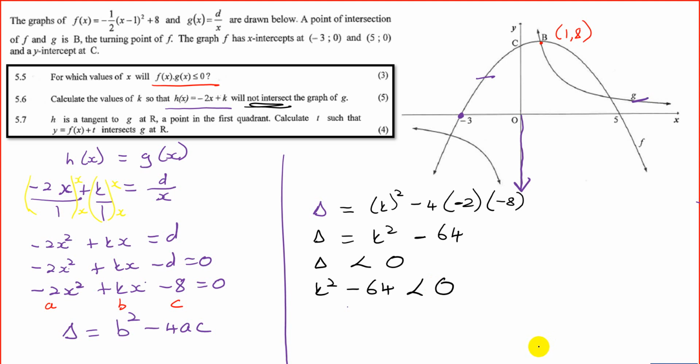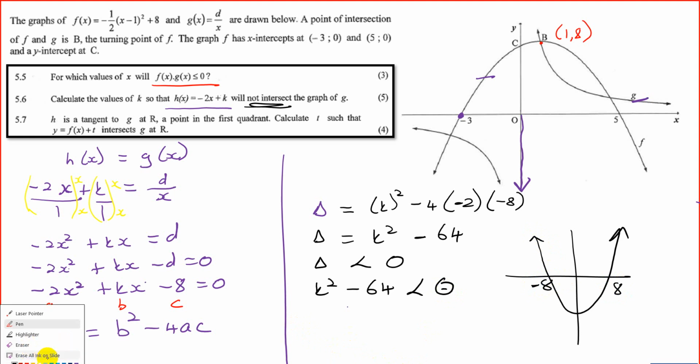Okay, if we actually look at that on a parabola, k squared minus 64, and quickly get a picture of that, you would see the parabola will be looking like this, with your CVs being at minus 8 and 8. And we're looking at when is it less than 0, negative, and that will run from minus 8 to 8.